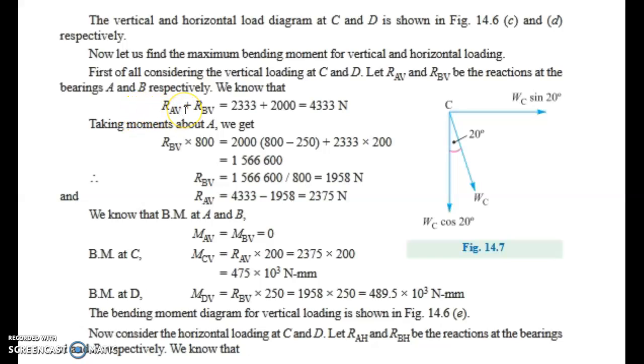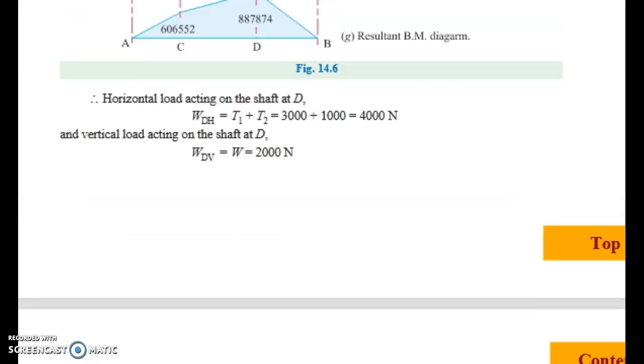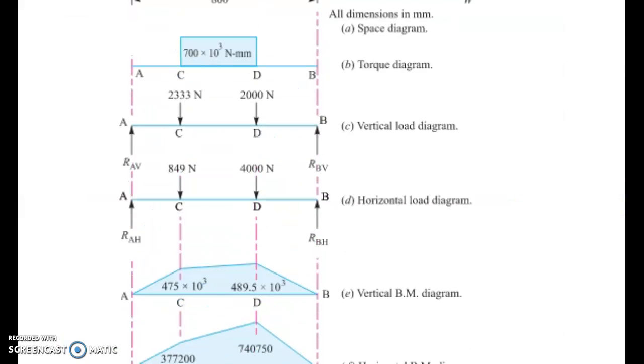RAV stands for the reaction load at point A in the vertical direction and RBV is the reaction load at point B. From this diagram, RAV and RBV are in the upward direction and points C and D are in the downward direction. So RAV plus RBV is equal to 2333 plus 2000, that is equal to 4333.